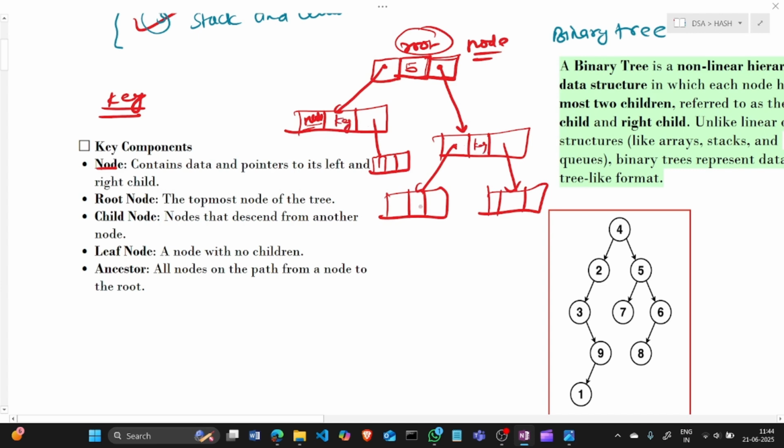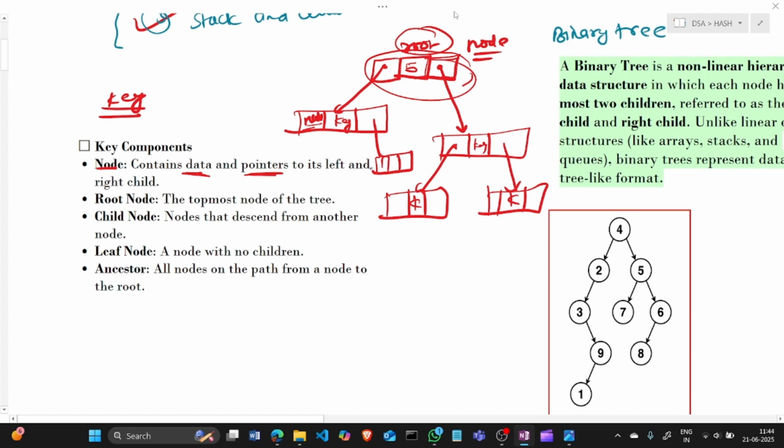So these insert the key values. Let's define what this is. The node is a data structure which contains data and pointers.